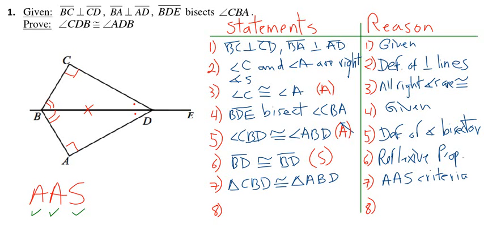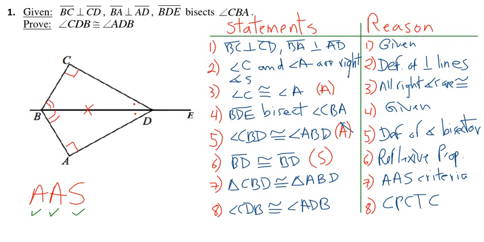And then, since these two triangles are congruent, any pair of corresponding sides should be congruent, especially this one that we want to prove congruent. So now we can say angle CDB is congruent to angle ADB by CPCTC, which is corresponding parts of congruent triangles are congruent.